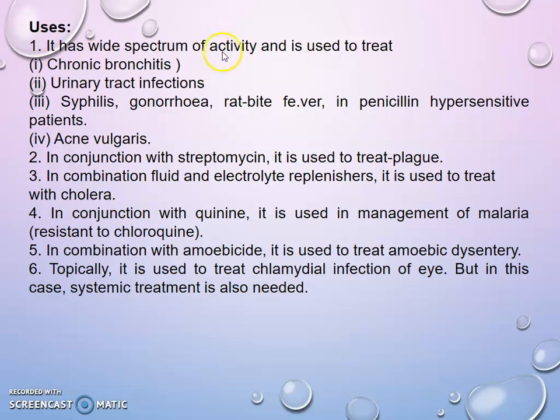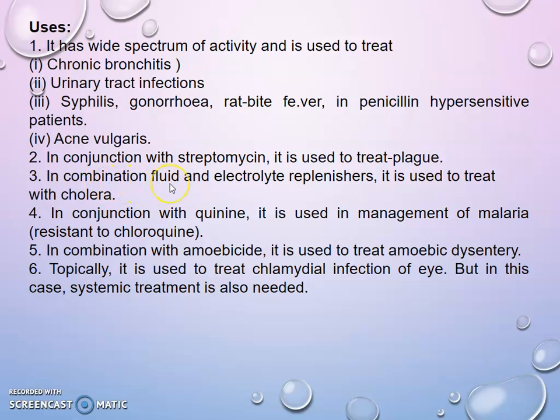Uses. It has a wide spectrum of activity and therefore it is used to treat chronic bronchitis, urinary tract infection, syphilis, gonorrhea, rat bite fever in penicillin hypersensitive patients. Then acne vulgaris. Next use, in conjunction with streptomycin, it is used to treat plague.